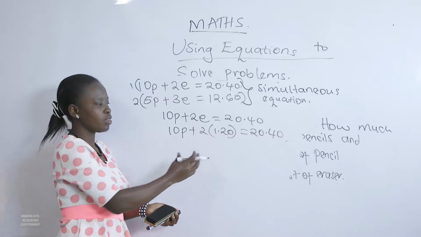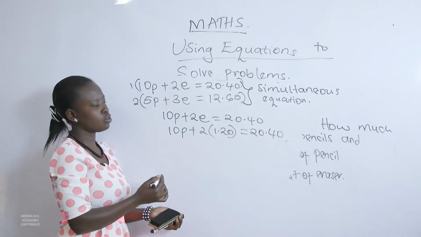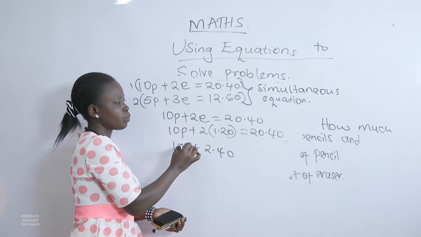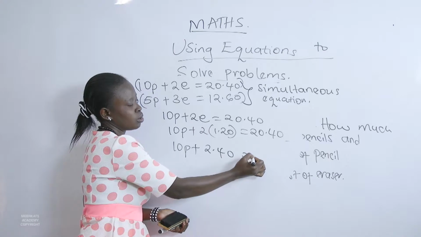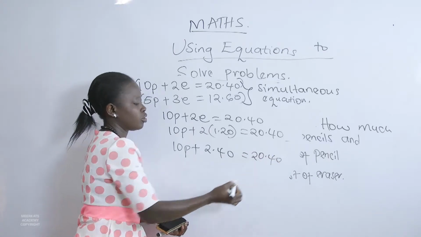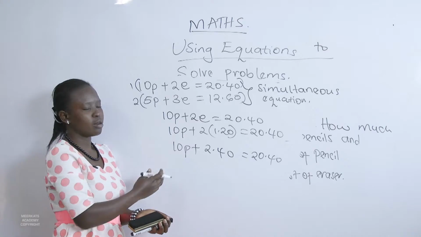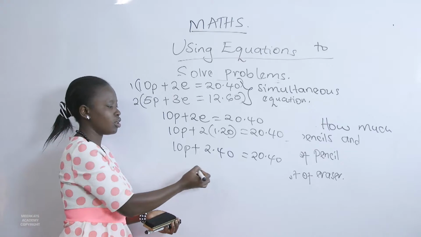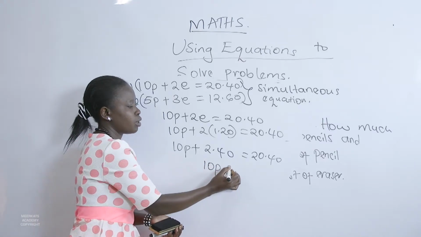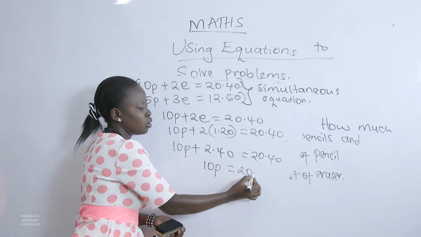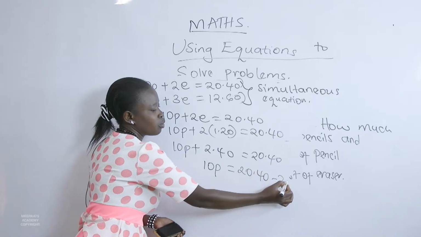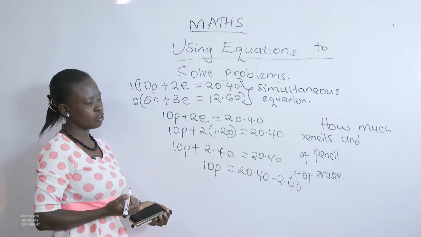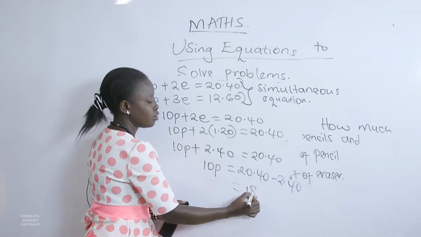So we simplify this, and 2 times 1.20 is simply 2.40 plus 10p is equal to 20.40. So we need to remain with 10p on this side, so it means we subtract both sides by 2.40. So when we subtract, we are left with 10p is equal to 20.40 minus 2.40, which gives us 18.